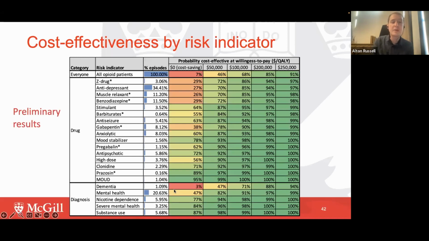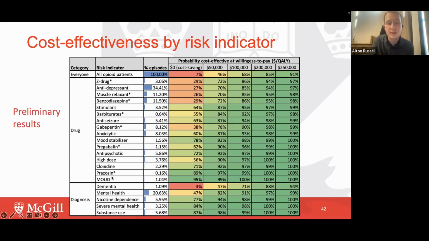So here are some preliminary results. Again, I'm recalibrating the model and changing some things, but the basic idea is that giving naloxone to everyone prescribed prescription opioids likely would not be cost saving, but it might be cost effective at maybe $100,000 per quality adjusted life year or so.